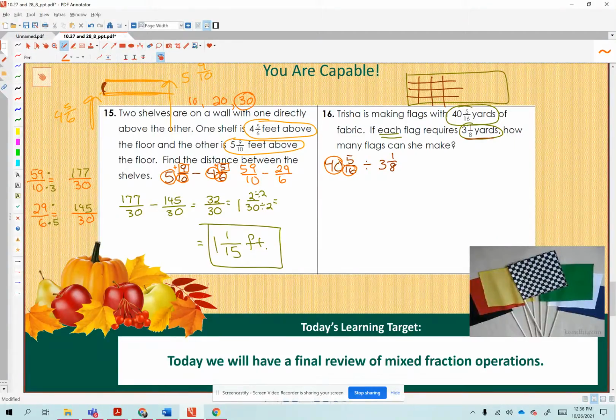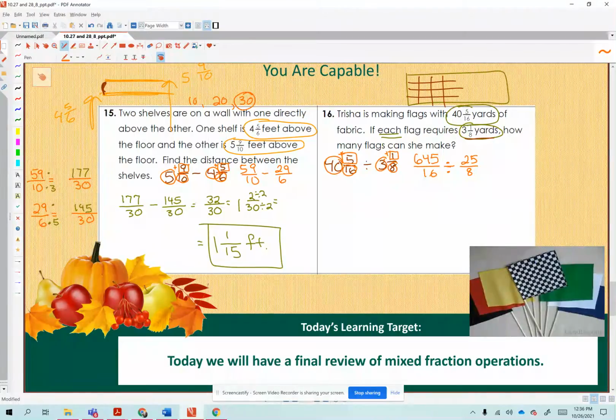So let me get my calculator because I can't even do this in my head. So 40 times 16 is 640 plus the numerator of 5 is 645 over 16 divided by 8 times 3 is 24 plus the numerator of 1 is 25 over 8.